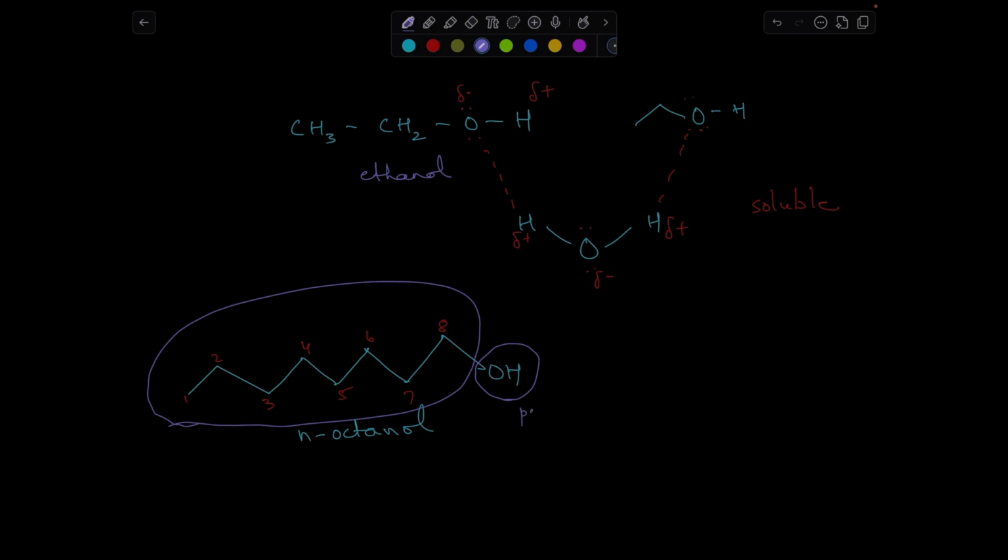So this is the polar part, and this is the nonpolar part. Now, if n-octanol has to form hydrogen bonds with water, then it would be like this.